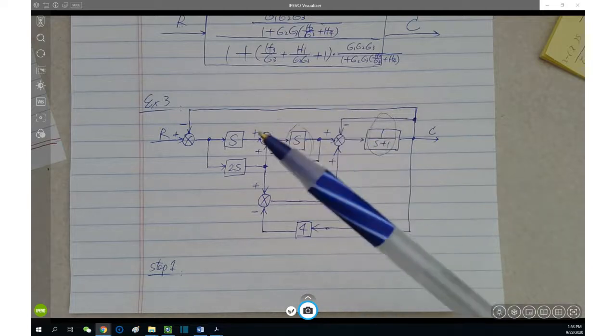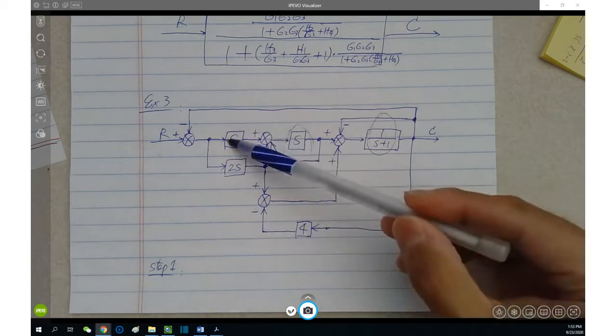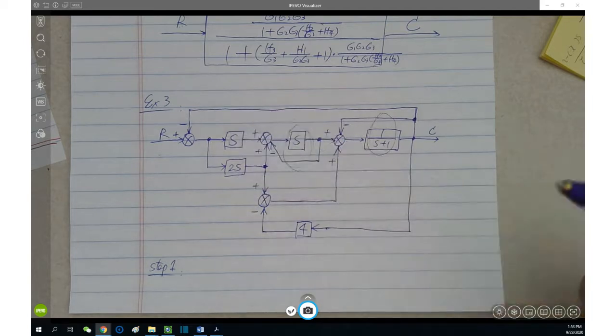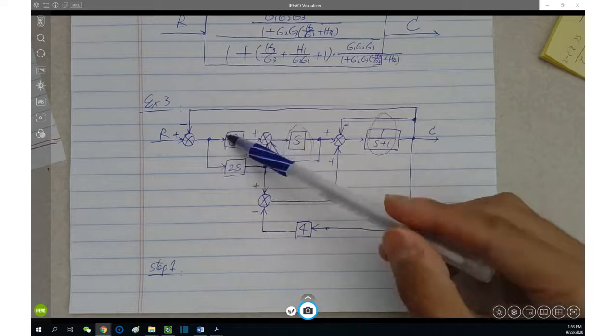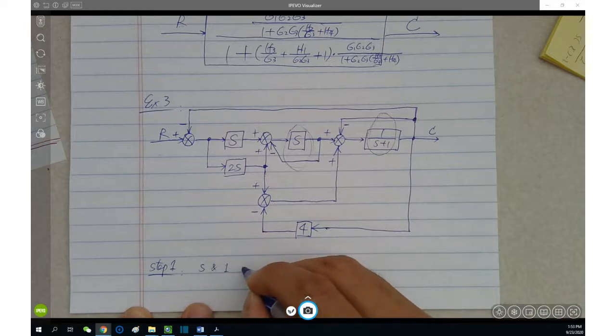Parallel between S and 2S. Can you do that? Kevin said these two are parallel. Can you do it? Anyone?